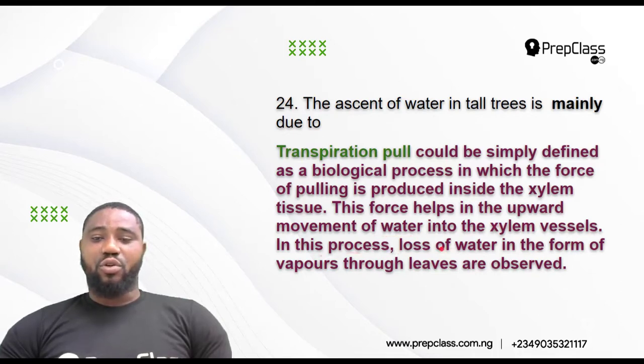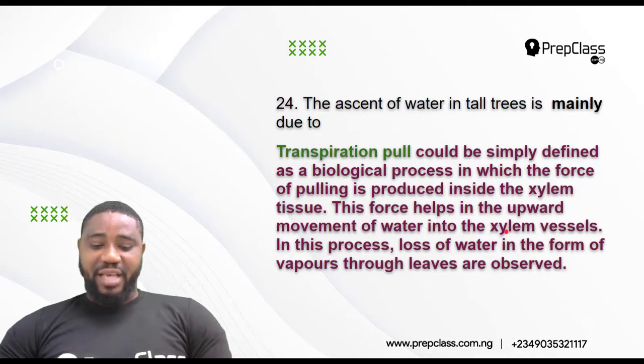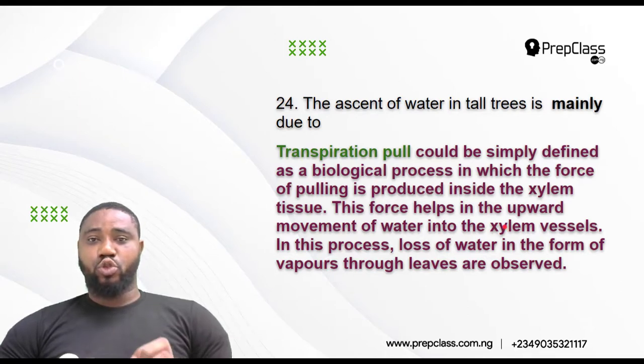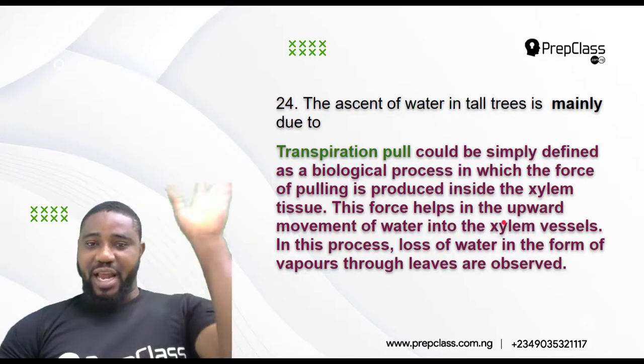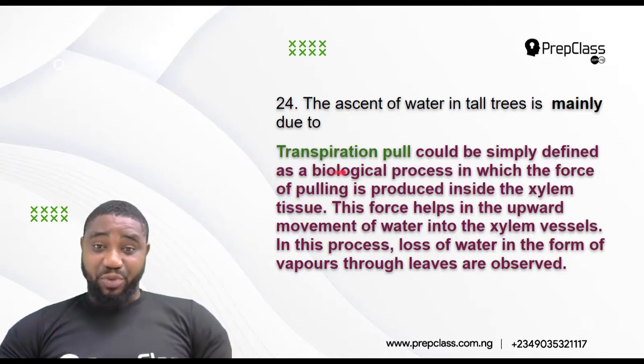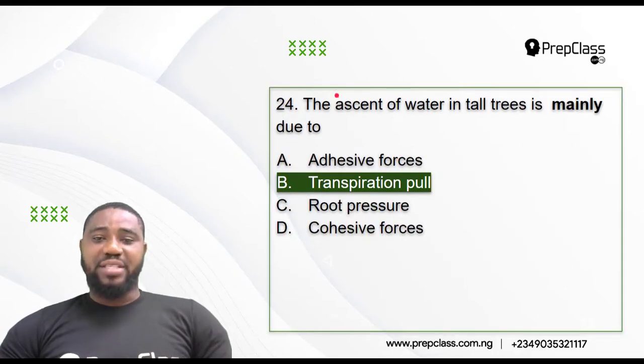In this process, loss of water in the form of vapors through leaves is observed. So that's a process that will help the xylem to conduct that water easily from the roots through the stem, then to the leaves, where it will now be transpired out in form of vapor. It's known as transpiration pull. That's the name of that force, transpiration pull. So the best answer is that the ascent of water in tall trees is mainly due to transpiration pull.